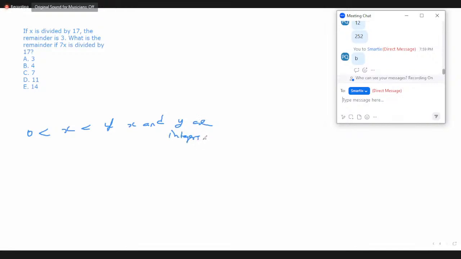Your quantity A is the remainder if x is divided by y, and your quantity B is the remainder if y is divided by x.